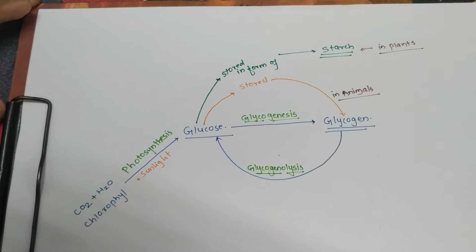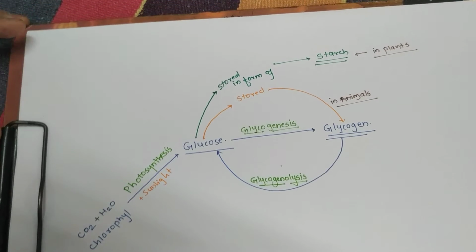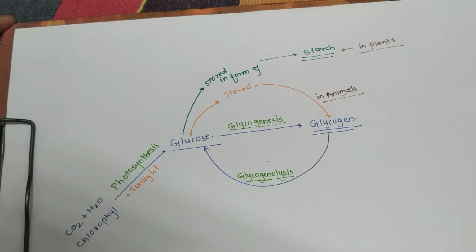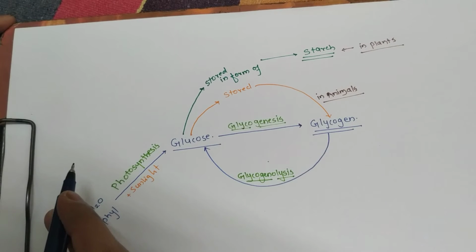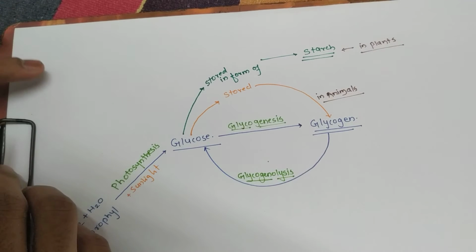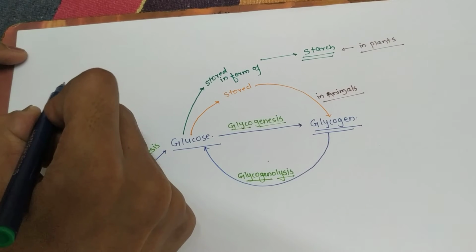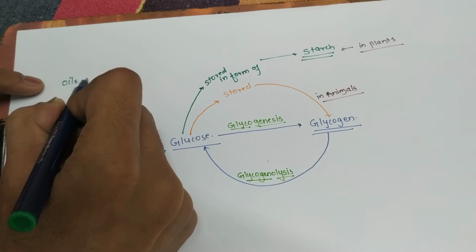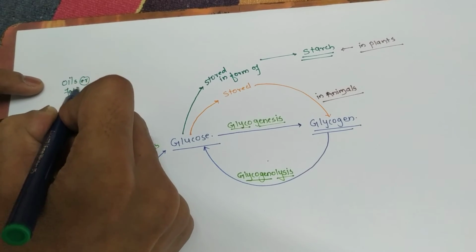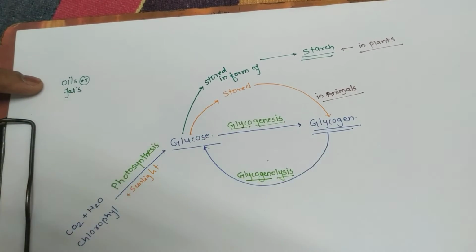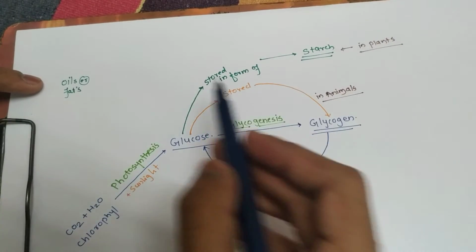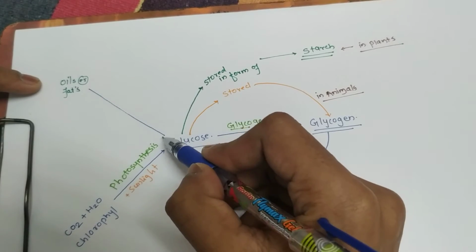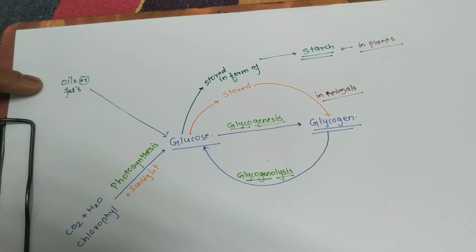Okay, then another term is gluconeogenesis or neoglucogenesis. That is the formation of glucose with the help of oils or fats. To be more specific, it is the formation of glucose with the help of non-carbohydrate sources, for example the oils and the fats.